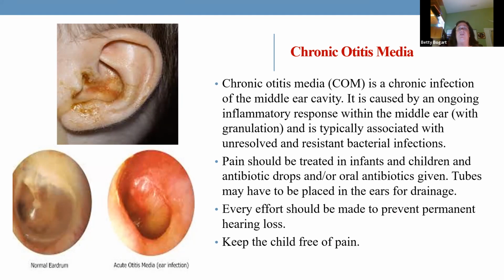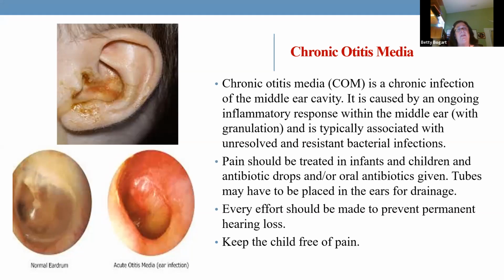So how do we treat these? Well, again, pain. These hurt a lot. Tylenol, acetaminophen or ibuprofen should be given. Also, they're going to be placed on antibiotics by mouth, and sometimes it's the outer canal, so we'll do antibiotic drops for that.